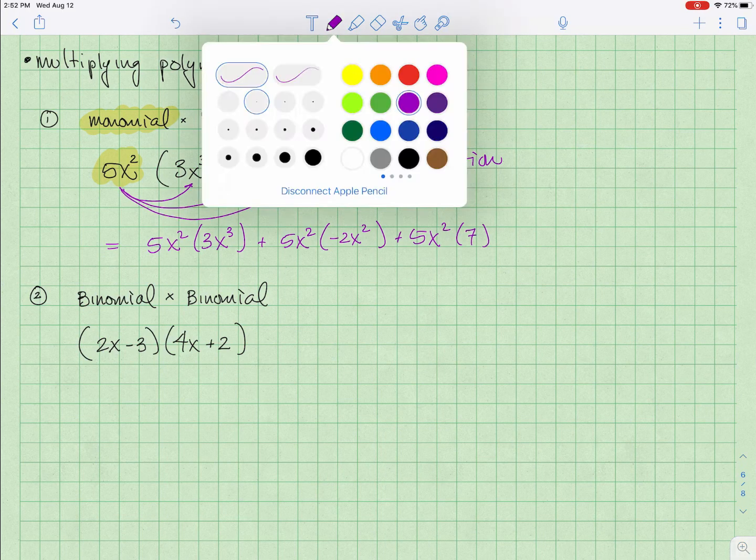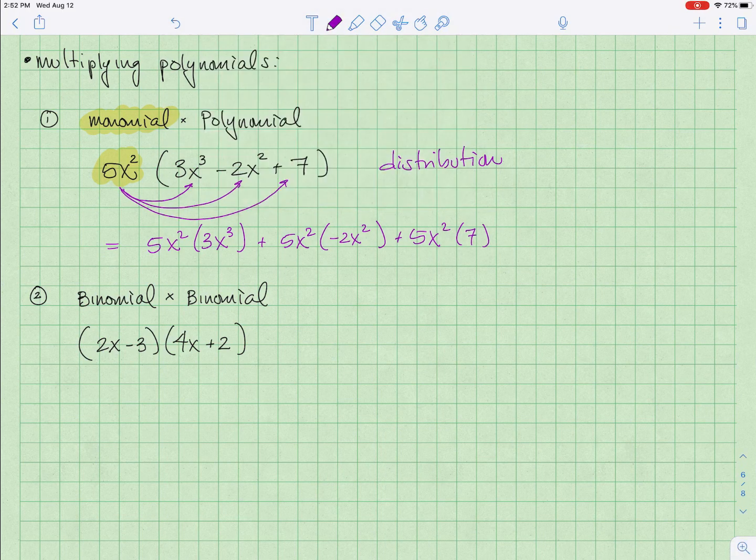So we're using distribution, and we distribute the monomial to each term in the polynomial.